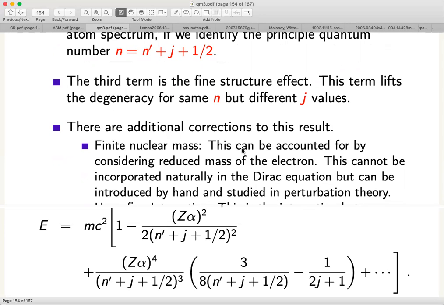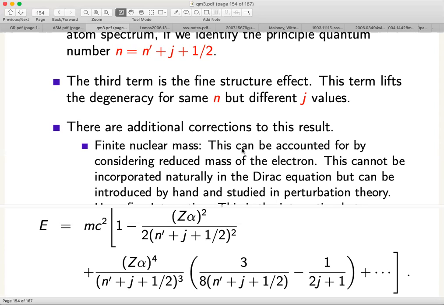But we did something like this when we solved the non-relativistic problem, where we first solved the hydrogen atom problem by just saying that the electron experiences the Coulomb potential, and then later you learn that the Coulomb potential is produced by the nucleus, but the nucleus has finite mass. So what you need to do is to write down a reduced mass for the electron.